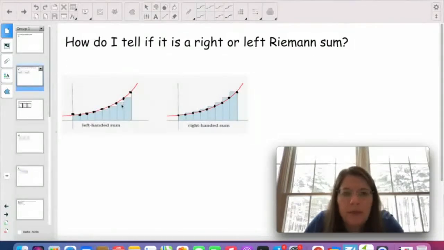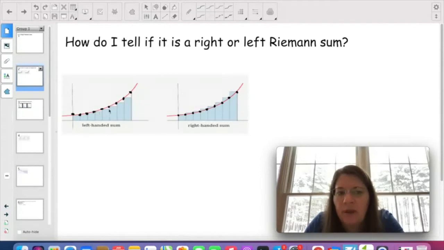So if I put dots on the function, the left Riemann sum would be the sum of all of the rectangles that we get as we draw those rectangles from the left of the dots, or of the ordered pairs on the graph. So we would draw the rectangles from the left where they are on your f of x.